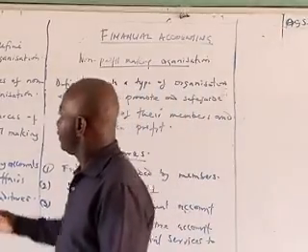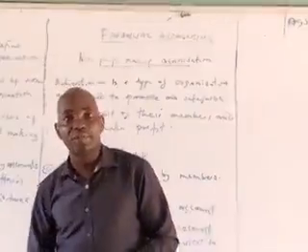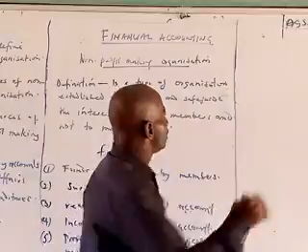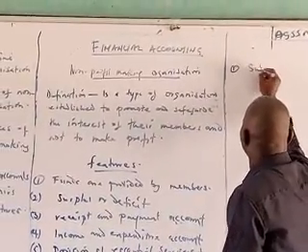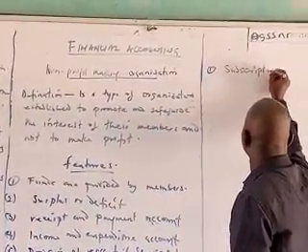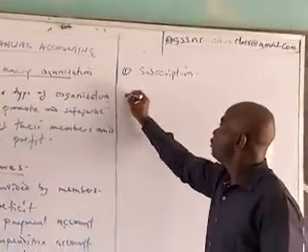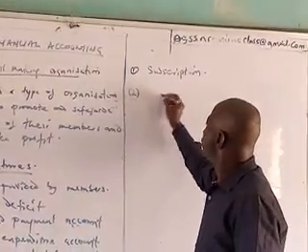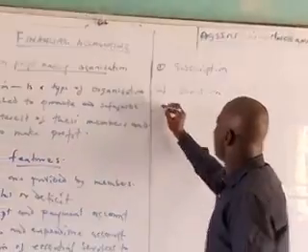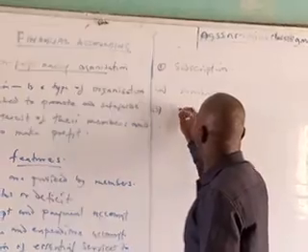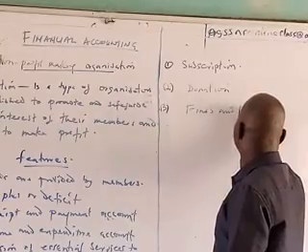Then we progress to look at sources of funds to a non-profit making organization. We have number 1, subscription by members. I will explain that. Number 2, donation. Number 3, fines and levies.